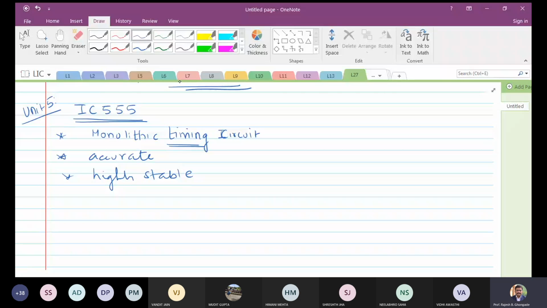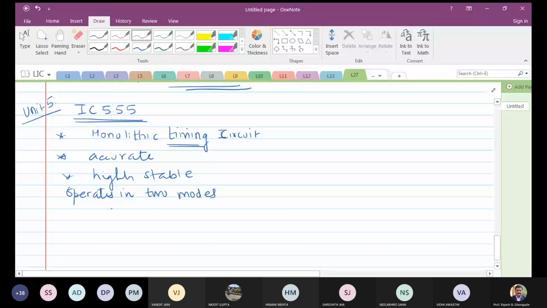Now this particular IC can operate in two modes. One is called the monostable, also called the one shot multivibrator.